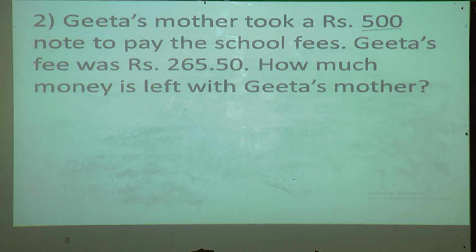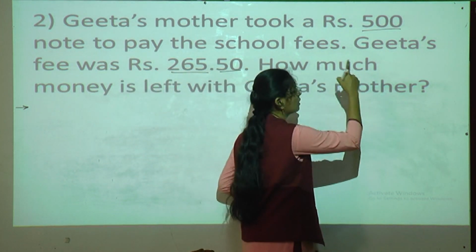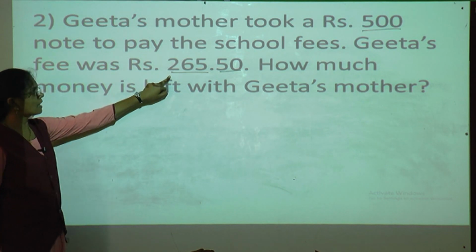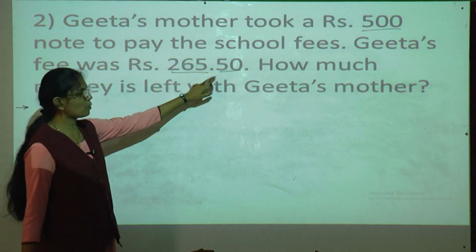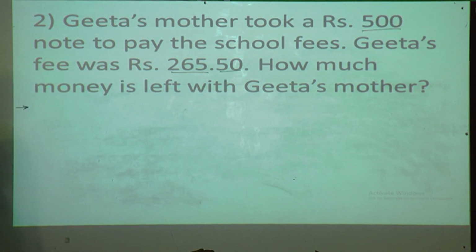Then afterwards, how much money is left with Geeta's mother? So how will you solve this? Yes, see these two amounts, here rupees 500, and from that 500 she has to pay 265.50.